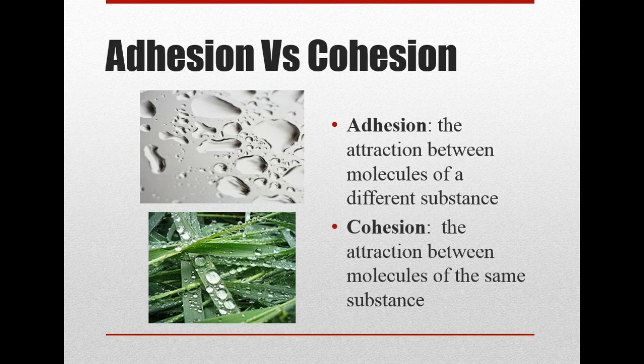So the water molecules on the windshield sticking with other ones, making big blobs of molecules. And the grass, you have the water on the grass. You can see the different sizes in the water molecules because as more water molecules attract to one another, it's going to make a bigger blob of water.